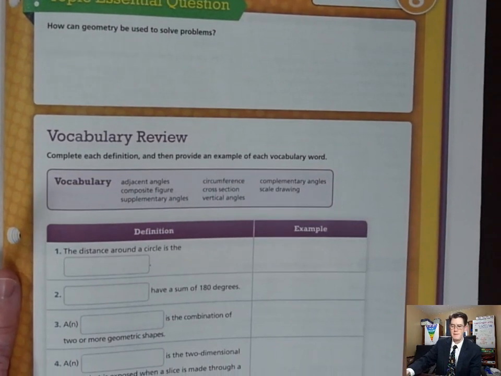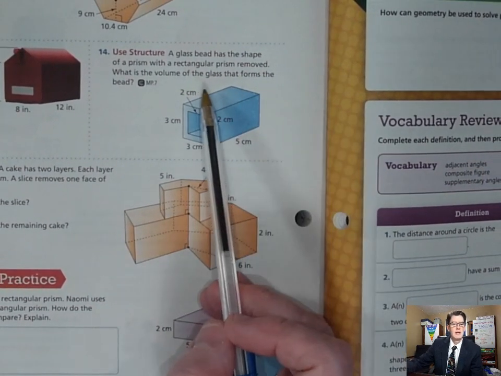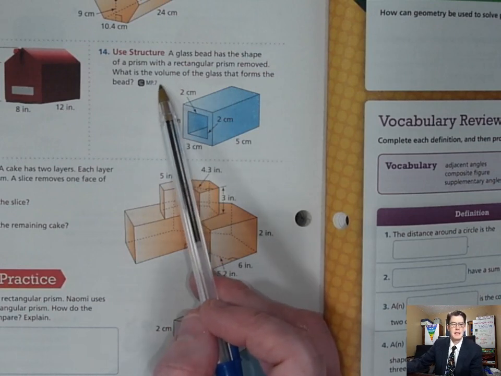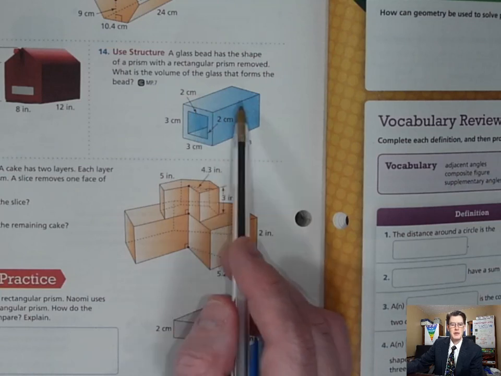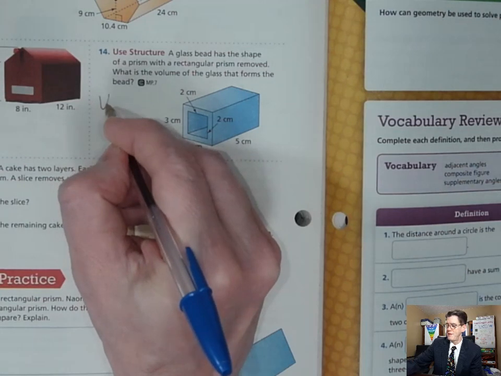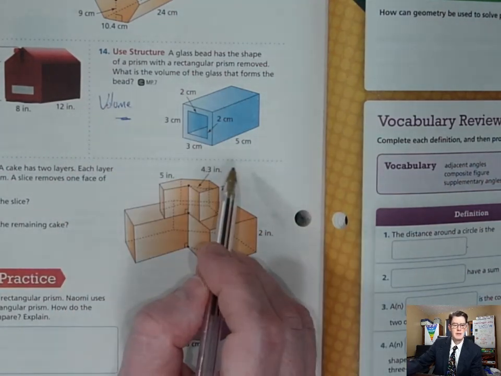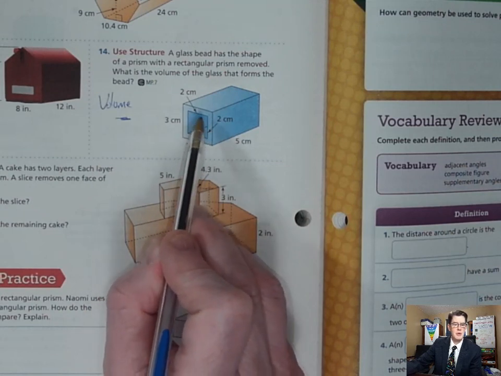Oh, number 14. On 14, this glass bead has the shape of a prism, because you'll see something like this in the days ahead. What's the volume of the glass that forms the bead? So what they're saying is find the volume of this entire item, find the volume of everything, and then you're going to subtract off the volume of what's inside because we're not going to count that space.